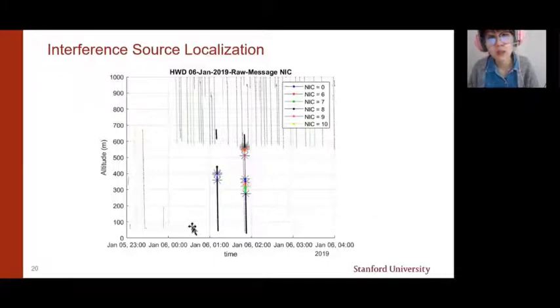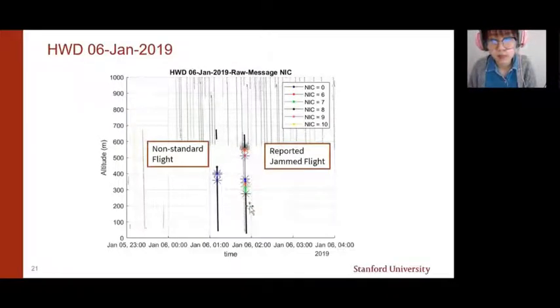And so here, most of the flights are showing a NIC value that's larger than or equal to 7. And also there are no gaps in between the flight track. Only 2 of them are showing some non-standard behaviors, and here I'm highlighting them with thicker points. On the right-hand side, this flight is actually one of the 3 reported jam flights we have for Hayward Airport.